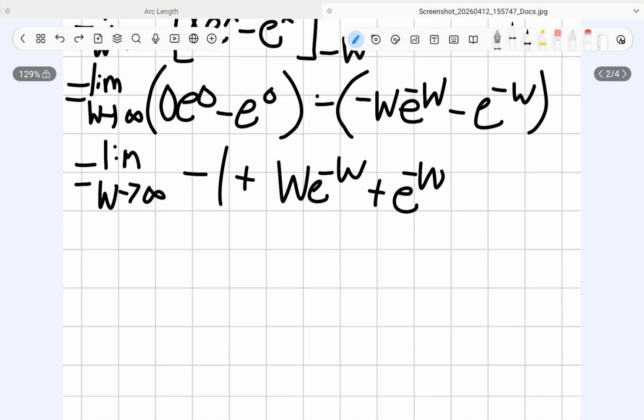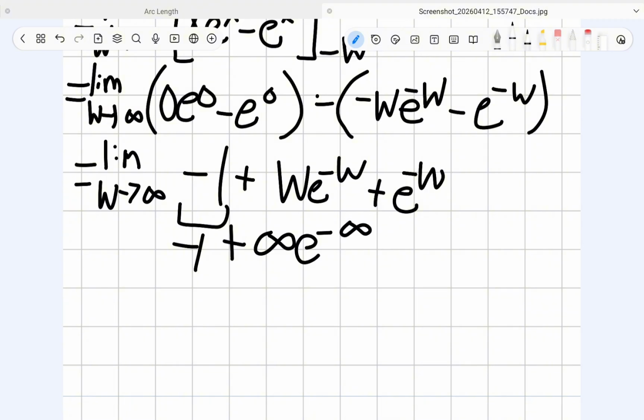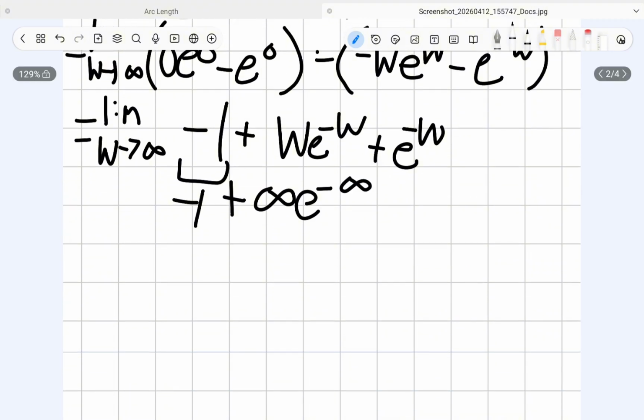Now that we have this, we can now apply the limit. So negative 1 is still going to be negative 1 because there's no w, so nothing's going to change. Now this one gets interesting. This is going to be infinity times e to the power negative infinity. Now we're going to write this aside.